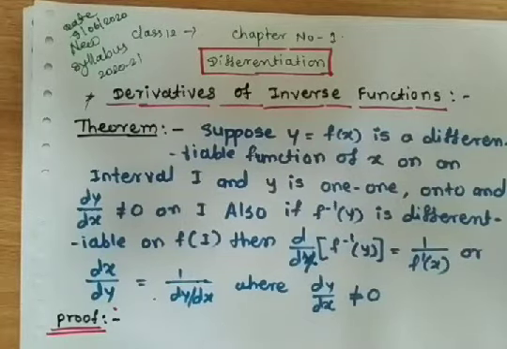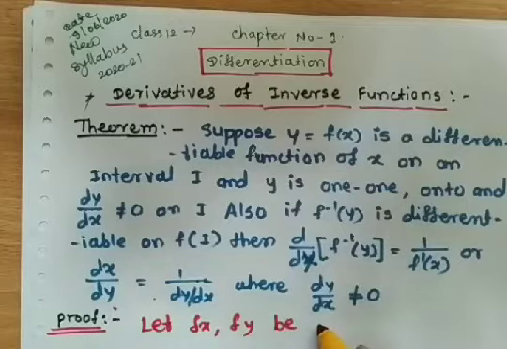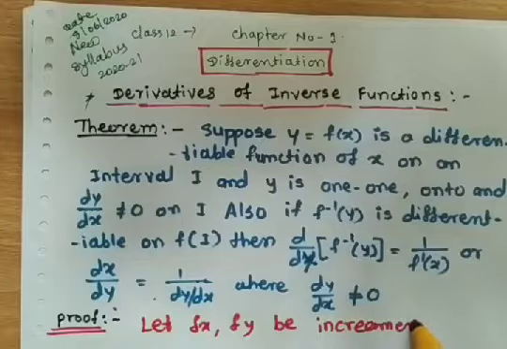Then we have to write the small increments of these variables in terms of delta y and delta x. Okay, the increments in the variables y and x are written as: let delta x, delta y be small increments in the variables y and x, or x and y respectively.